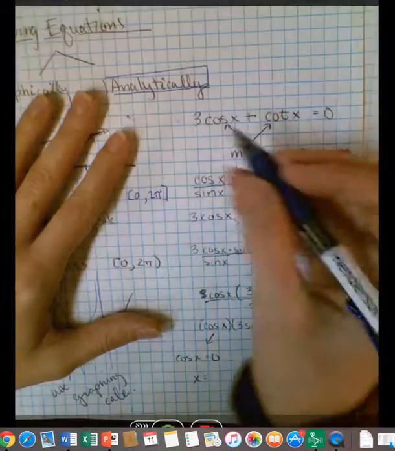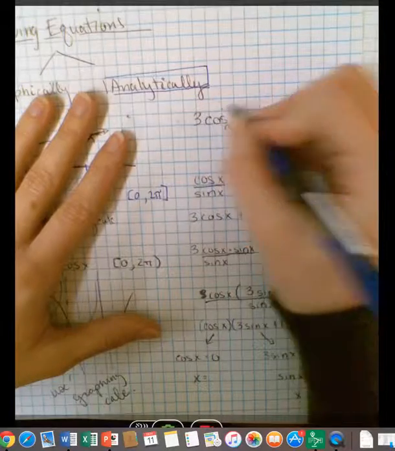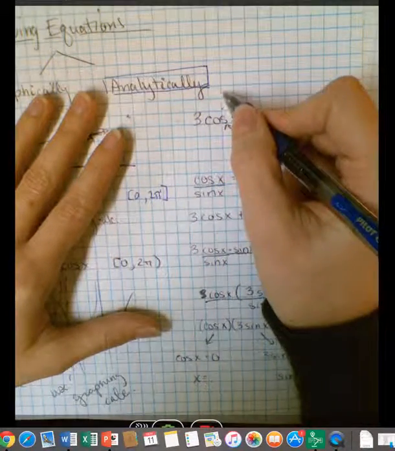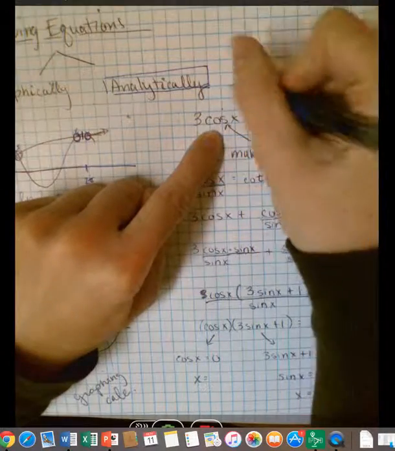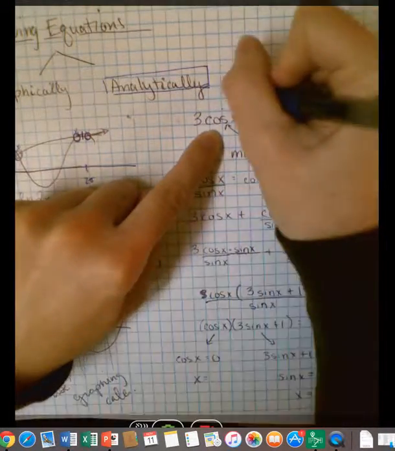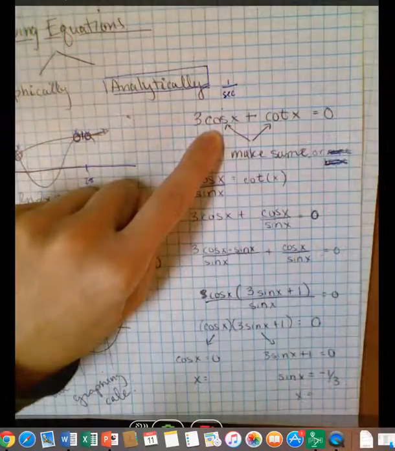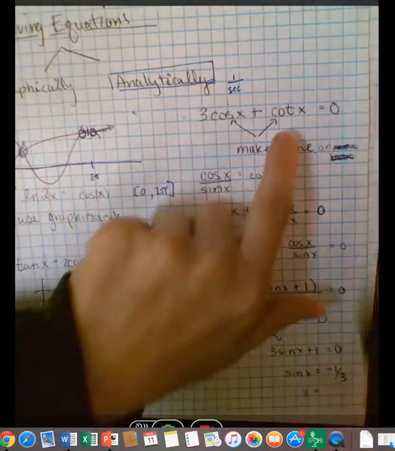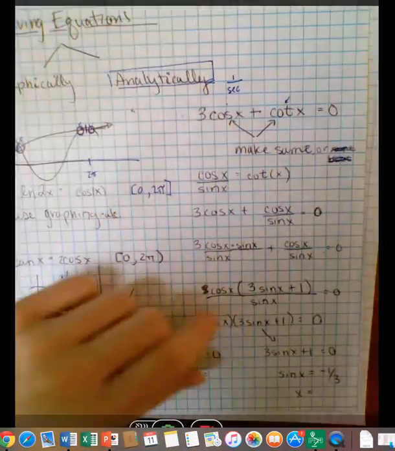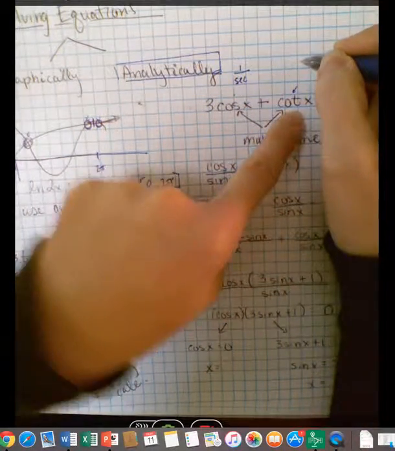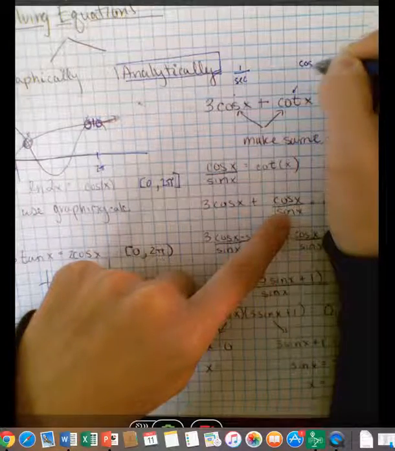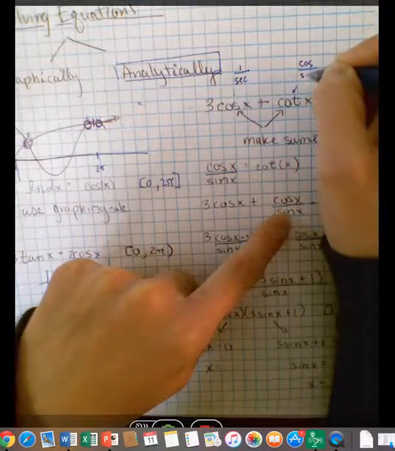Okay. So cosine can be written as 1 over secant. You could maybe use that. That might be helpful. Cotangent can be written as cosine over sine.